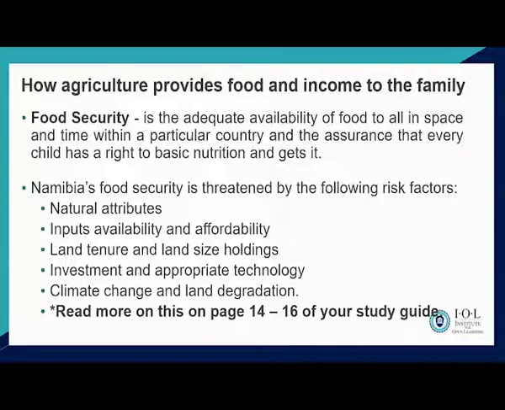In Namibia, food security is threatened by several risk factors. This includes natural attributes, inputs availability and affordability, land tenure and land size holdings, investment and appropriate technology, climate change, as well as land degradation.